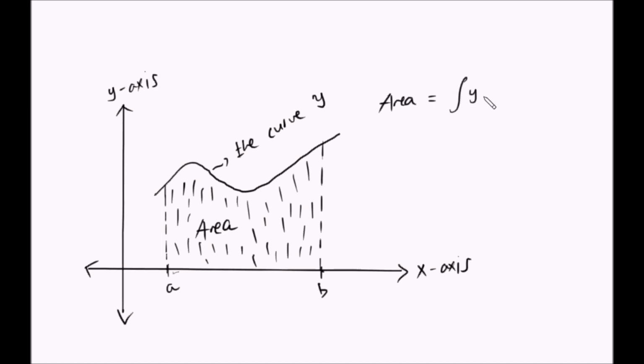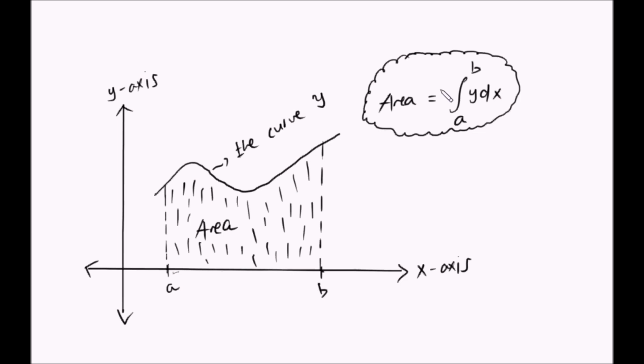Is given by the integral of y with respect to x, kwa sababu hii ni xy plane, y can be expressed as a function of x. So tunaanzia hapa at x equals to a mpaka hapa at x equals to b. So hii area is given by this formula. Hiki ndicho tulichojifunza in the previous tutorials.